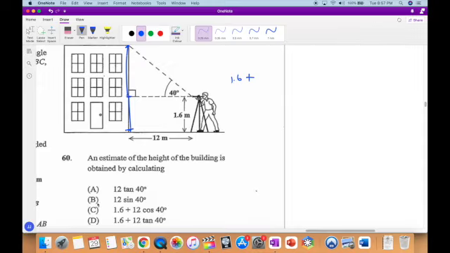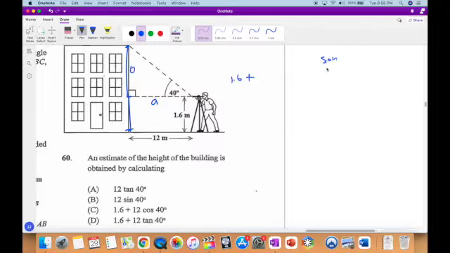So we could see here that we immediately cancel off A and B, right? And so it has to be C or D. We want this height and we have this. This is the adjacent, and we want the opposite.